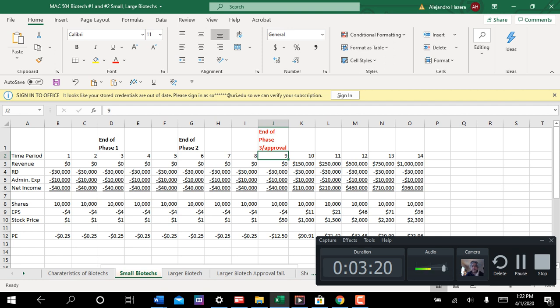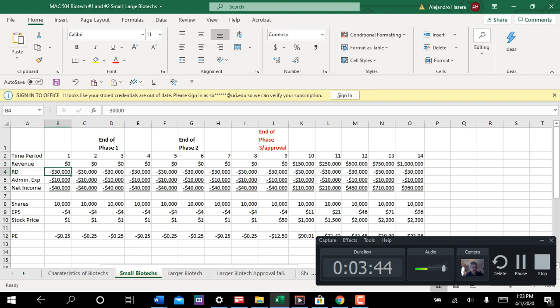Then the end of stage 3 is approval. I'm putting those together. In reality, they're different events, but I'm just putting them together for simplicity. And after approval, which happens after period 9, they actually start making money, assuming the drug is approved, and that's the assumption in this exam.